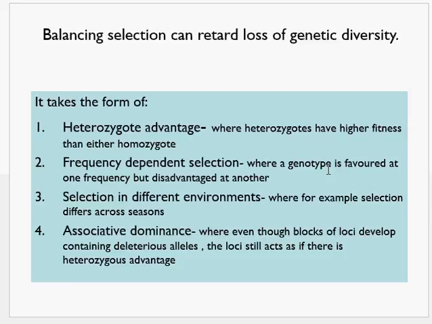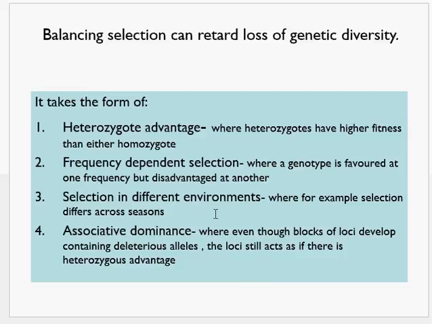Okay. You can also have selection in different environments. So if a population occurs in a seasonal environment, one genotype may be very good in one season, and the other genotype may survive better in the other season. Okay, so different genotypes may have different success in breeding in the different environments.